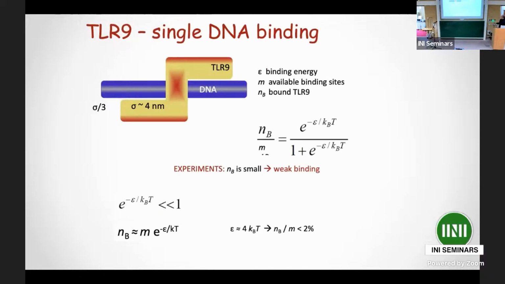Let's assume that N_B over M must be less than a few percent, and that gives epsilon as a weak bond, which comes purely empirically from observation for self DNA. For viral DNA, because it has specific sequences, this epsilon will be larger, and then you will have binding even on a single DNA. But for human DNA, epsilon must be something like 4 or larger.